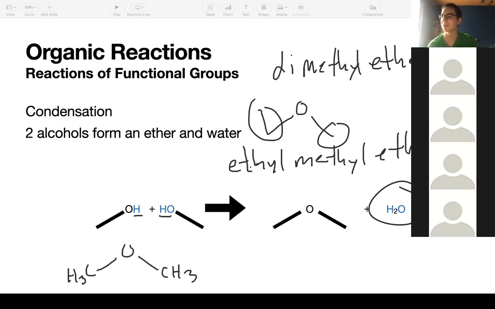What about naming ethers? Any questions on naming ethers? Where on page 70, it says something about oxy. What does that have to do with it?